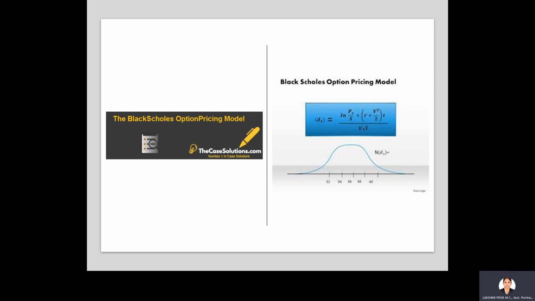Analysts find it suitable to use PS multiple because compared to EPS and book value, sales are generally less amenable to manipulation.